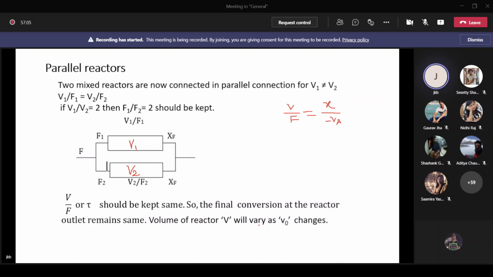The volume of reactor V will vary as V0 changes. So from V0 we can find out the flow rate to the first reactor and the second reactor, because it is F1 and F2. F1, we know what F1 is, CA0 into V0. And CA0 is constant. So we can find out the volumetric flow rates V01 and V02.